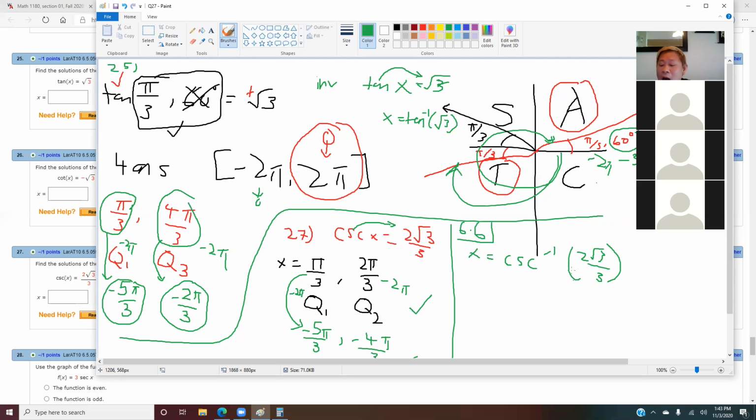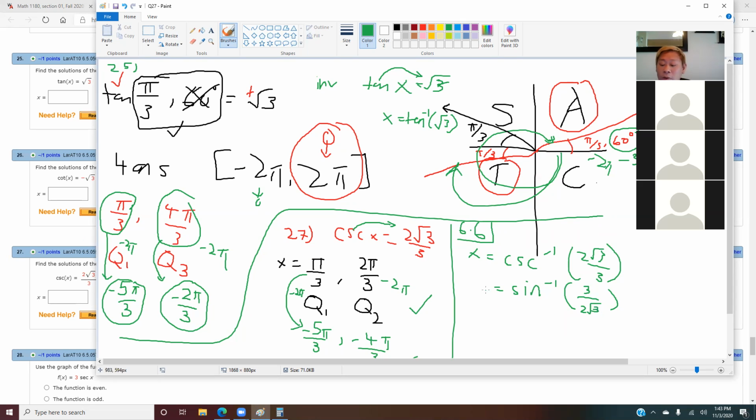So my question is, how do you figure this one out using your calculator, because we don't have a cosecant? Cosecant is the reciprocal of what? Sine. So you can change this to the inverse of sine, and what you do here is flip it, so it becomes 3 over 2.